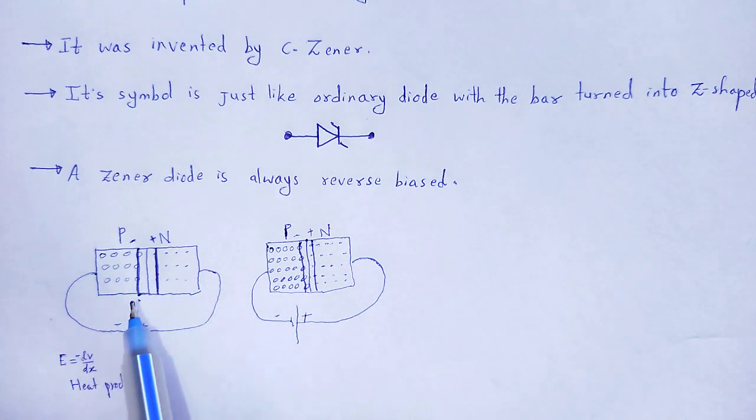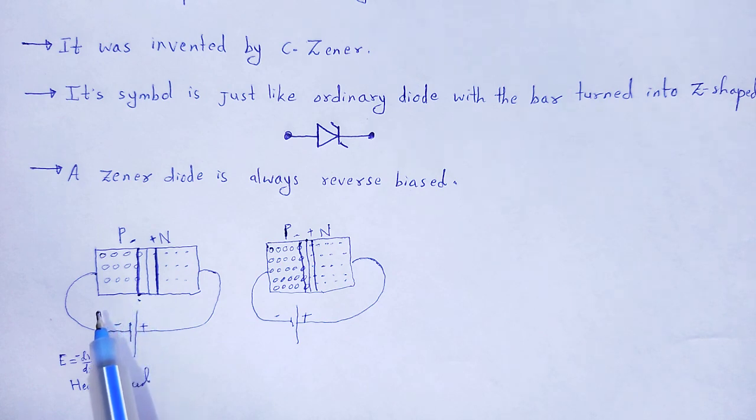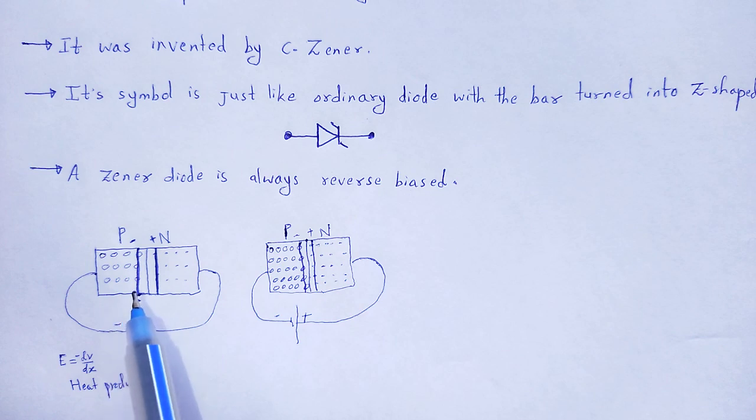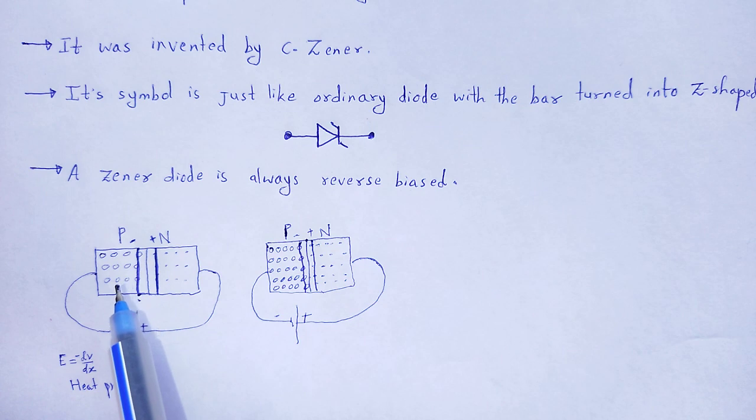Finally, due to a large amount of heat generated, that PN junction is destroyed.